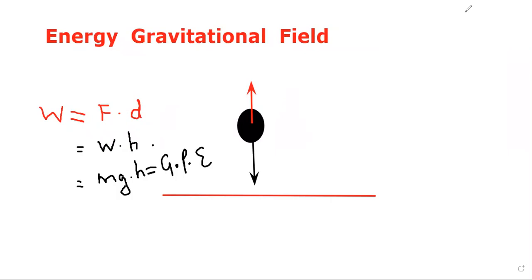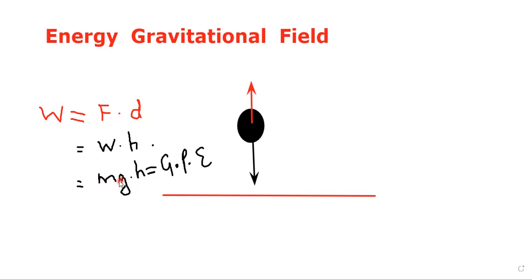Okay, so now you can see we have three factors: mass, g (gravitational field strength), and h. Mass is not going to change as the object moves away from the surface. Height changes and g also changes.